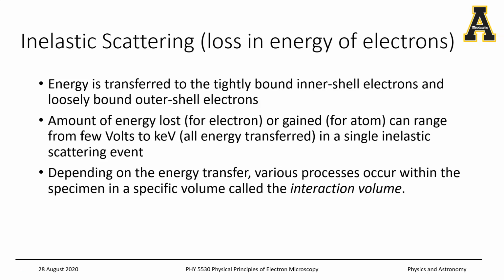And the degree by which the electrons lose energy determines the processes and the various outcomes. Right? So energy is transferred to the tightly bound inner shell electrons or the loosely bound outer shell electrons, and that determines what happens. The amount of energy loss for electrons or gained by the atom can range anywhere between a few volts to kilo electron volts.